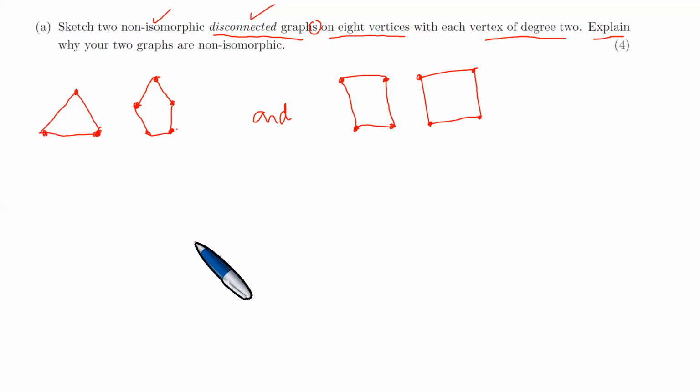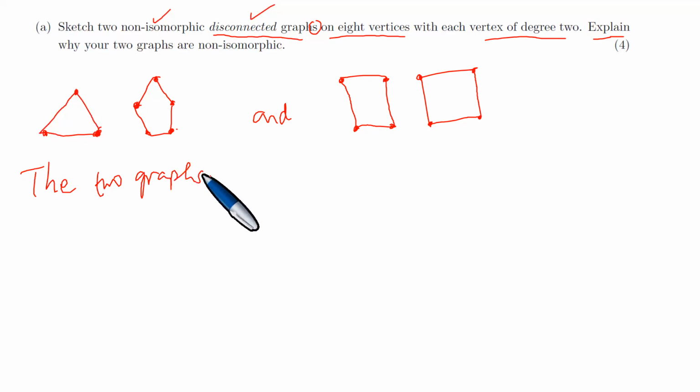So let's explain, because by explaining, we understand the graphs more in the process. The two graphs are non-isomorphic.